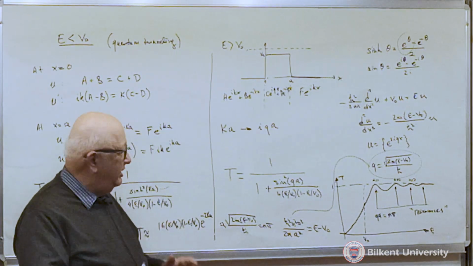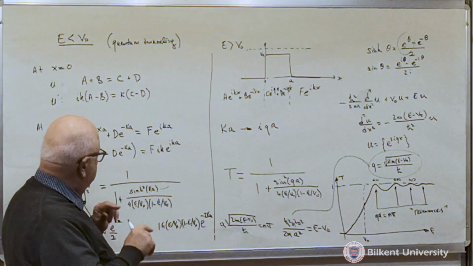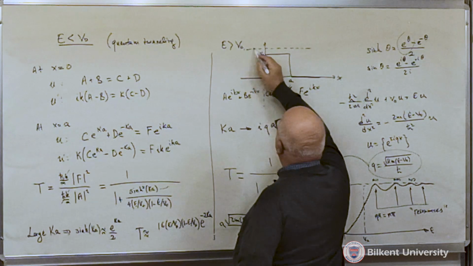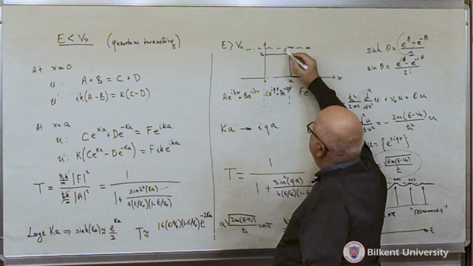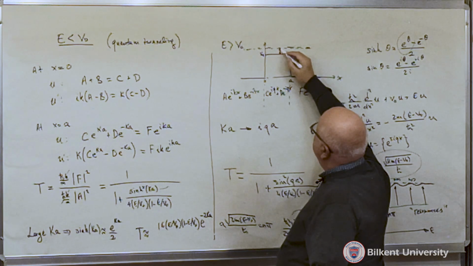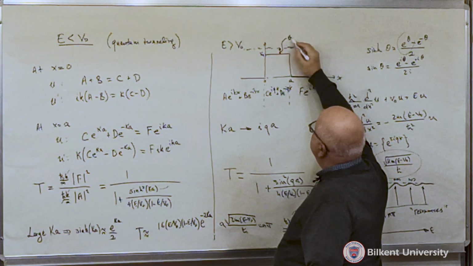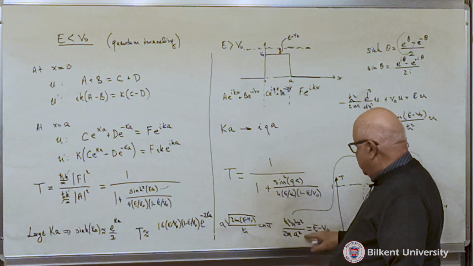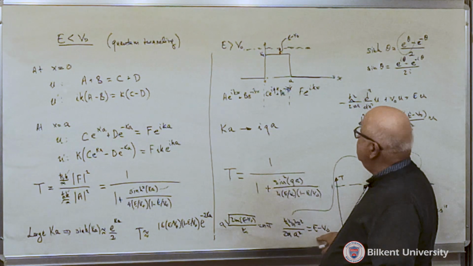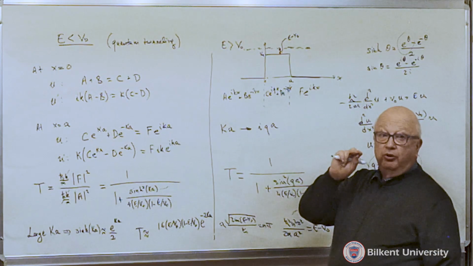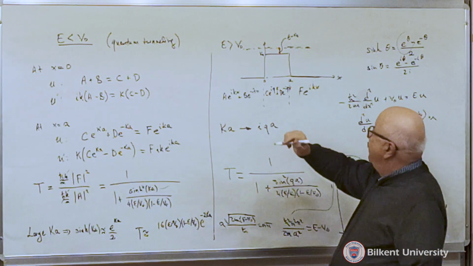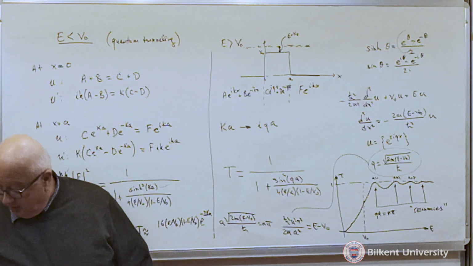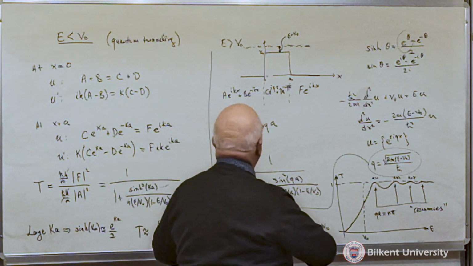Okay, so what does that mean? Let me just finish this. I have this much energy above this tunneling barrier. This energy difference is E minus V0. And these energies correspond to those discrete energies if I were to put an infinite wall here.